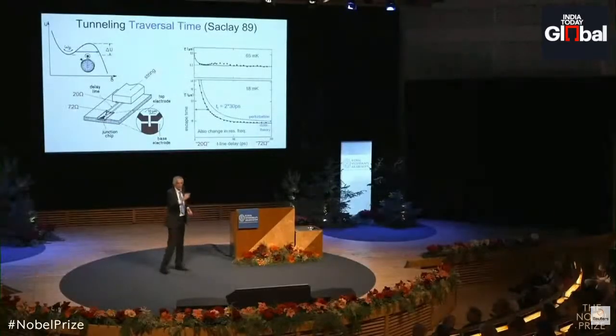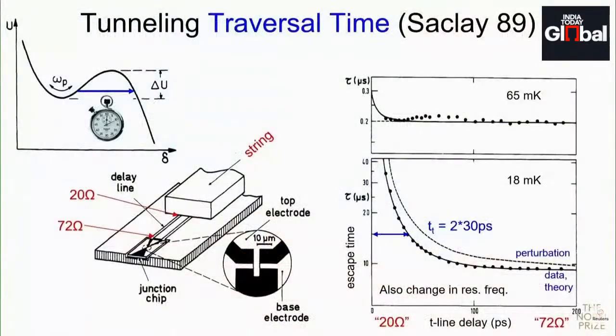Now, in this case, we have a junction at the end of what's called a coplanar waveguide. It's much more sophisticated engineering. Right next to the junction is something with a wave impedance, a wave resistance of 72 ohms. And then some distance away, we have a kind of short on it that has a lower resistance that gives you more dissipation. And then we connect that with a string all the way up to room temperature so we can change the distance.